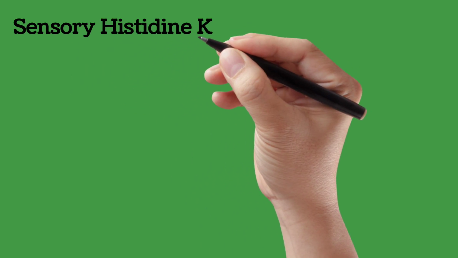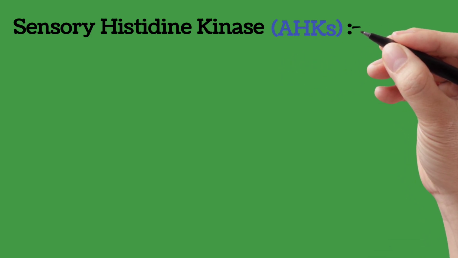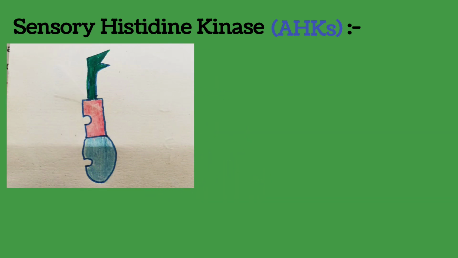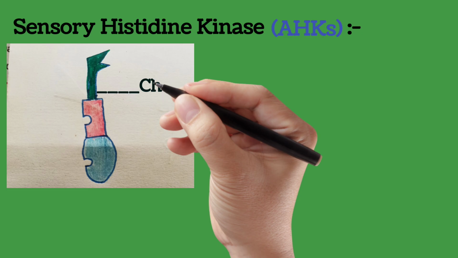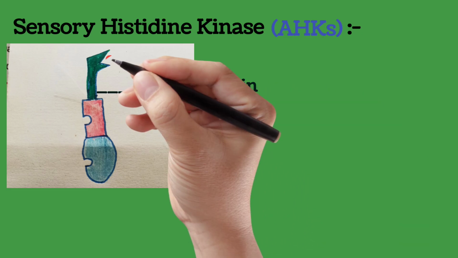My dear friends, as we have already discussed, sensory histidine kinase is a complex type of protein. So in order to understand the topic well, let us go through the complete structure of sensory histidine hybrid kinase. Its diagram is like this. It has an outermost region known as the CHASE domain, found towards the extracellular part.